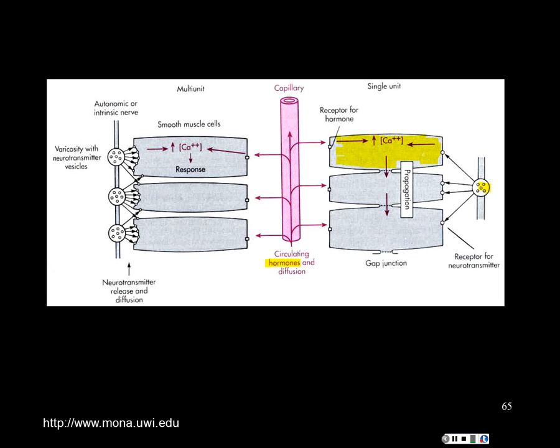The job of the pacemaker cells is to initiate action potentials, kind of like a nerve. Even though they're a muscle cell, they don't really contract, but they do generate action potentials. Before I move on, I want to address any questions you may have about the role of a pacemaker cell in single unit smooth muscle versus the contractile cells.